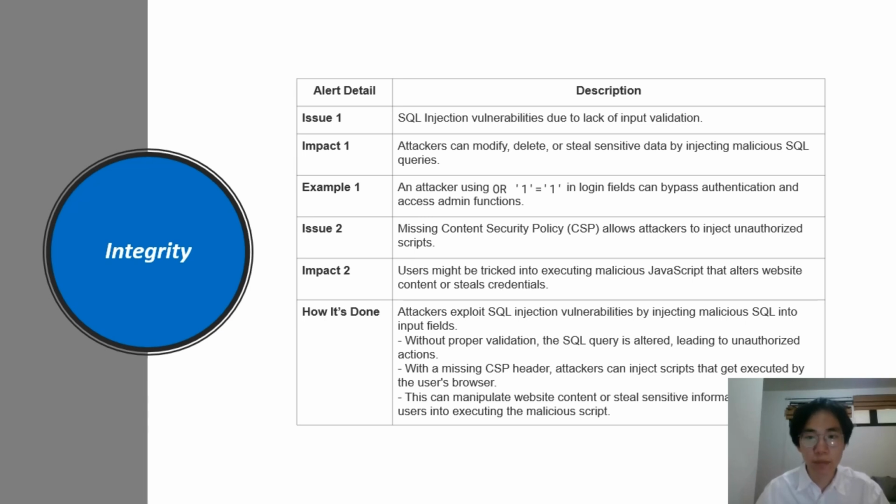Also, not having CSP lets attackers inject bad JavaScript that might cause the website content to be changed or credentials to be stolen. Ways to defend against this include using parameterized queries to stop SQL injection, and setting up CSP to limit where scripts come from, and stop bad code from running.